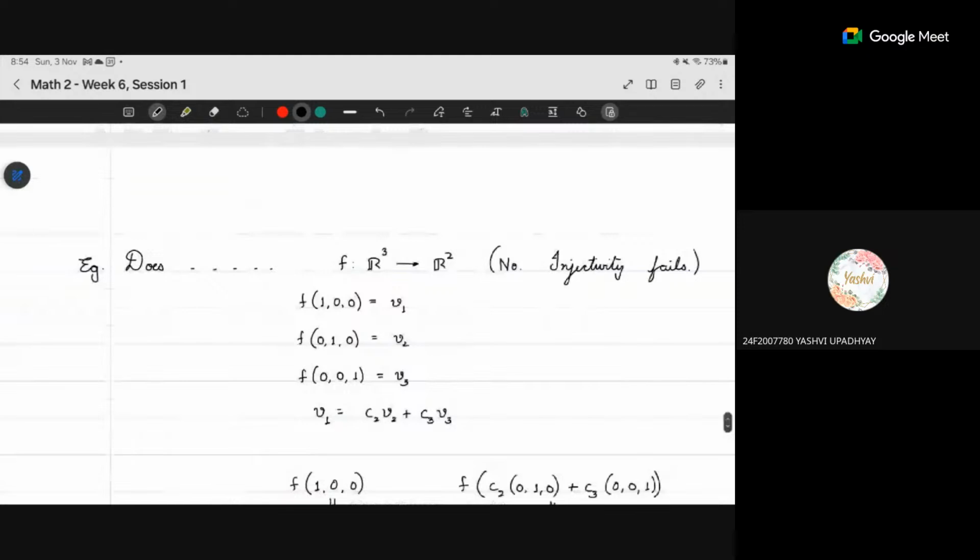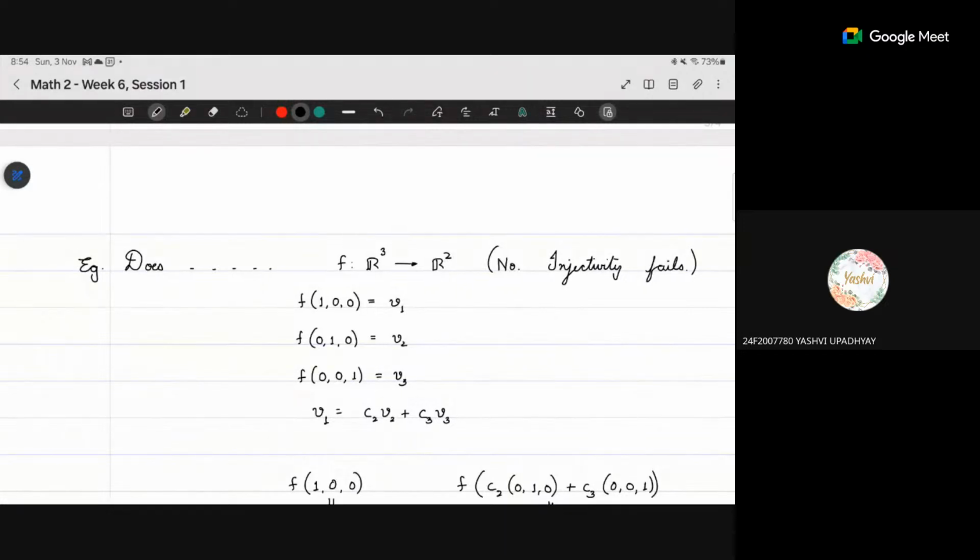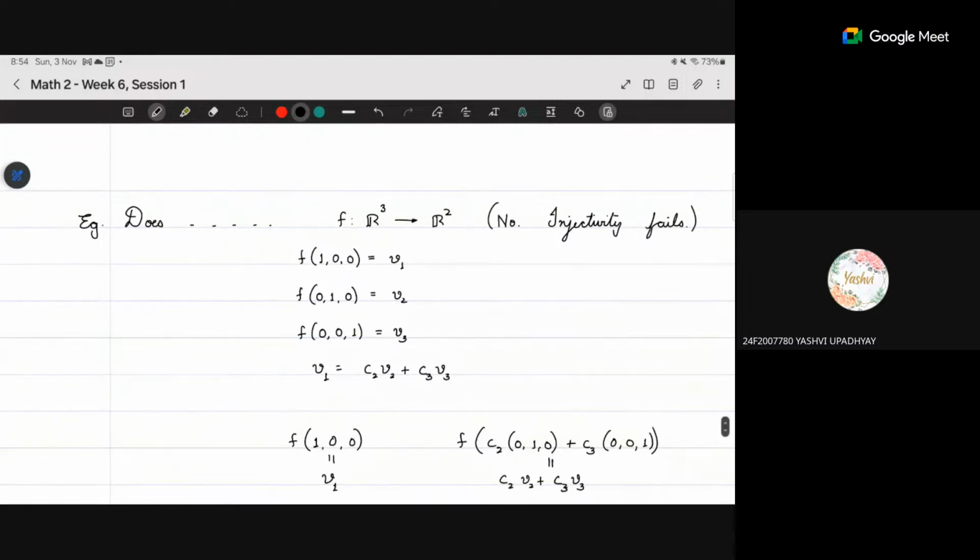And if the range space is smaller, by smaller I just mean the dimension, you are bound to hit one guy twice or many guys twice. So there is no way you can uniquely assign one guy to another guy.